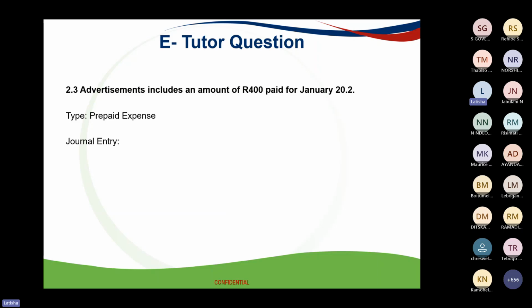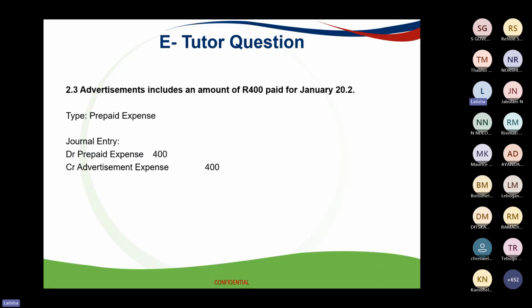And now it's already sitting in our records as an expense. So now we have to remove it as an expense because it's not relating to the current year. If you guys recall correctly, Maurice said income and expenses must be recorded in the correct financial year. So if you have expenses or income recorded for another period, you have to remove it or take it out.